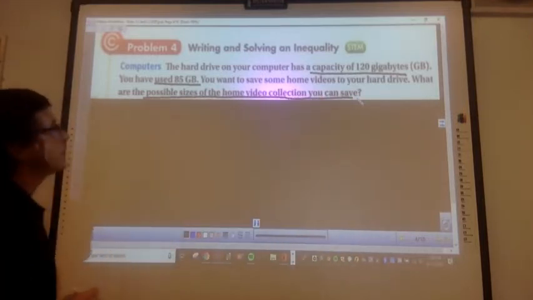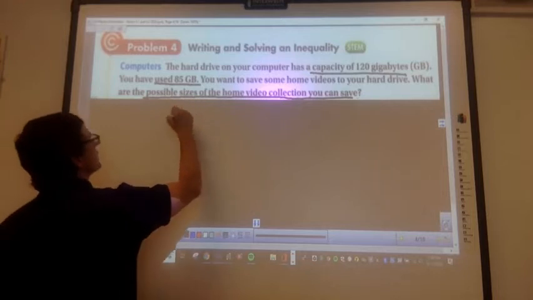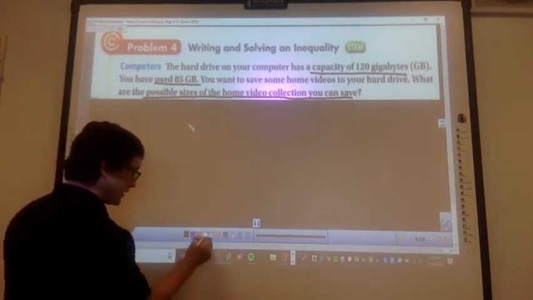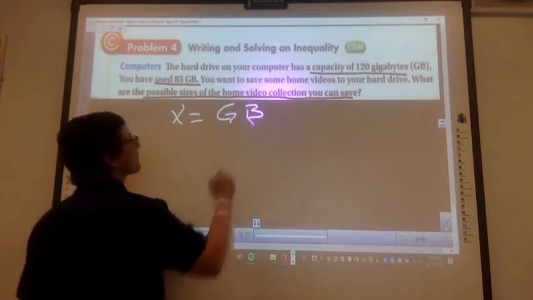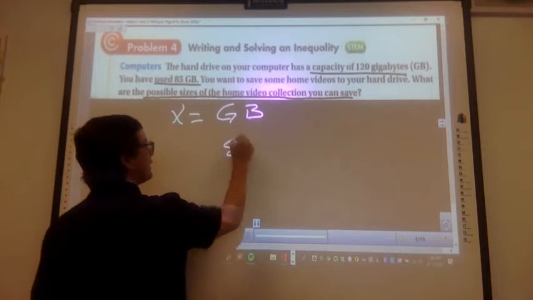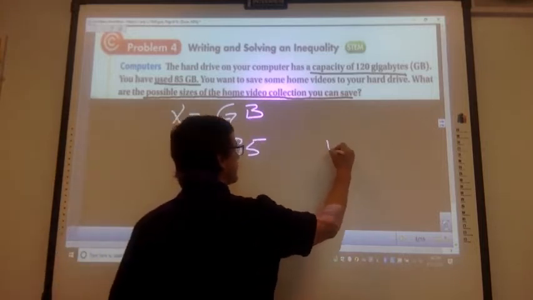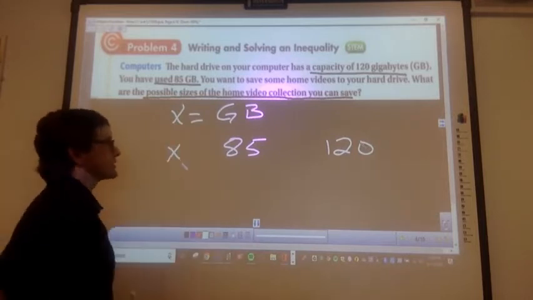Okay, so x is going to equal gigabytes. So I know I have 85. I know my total is 120. I know I'm going to have an x.